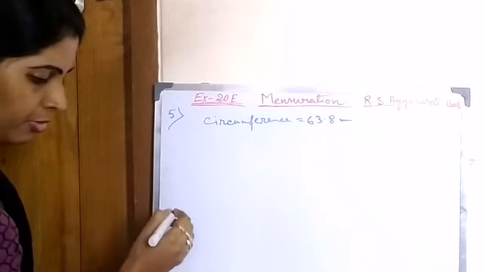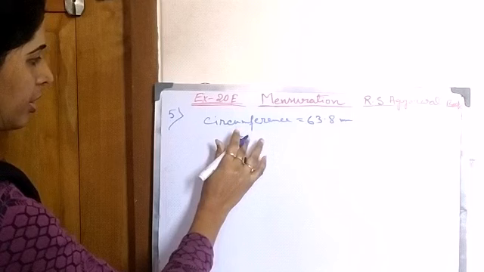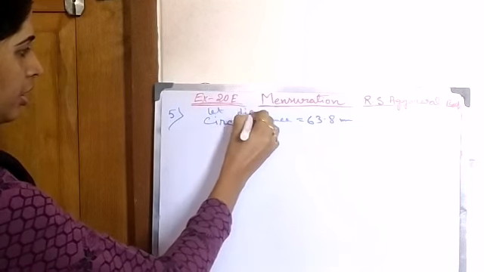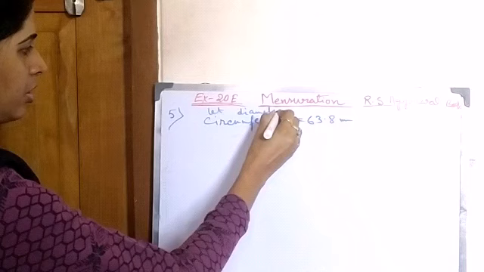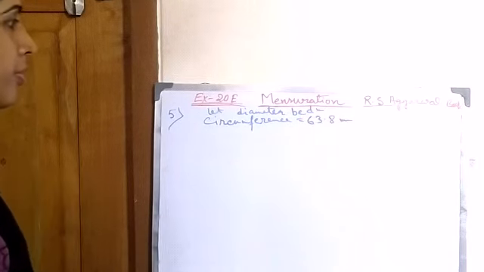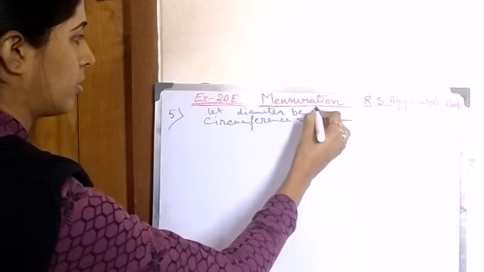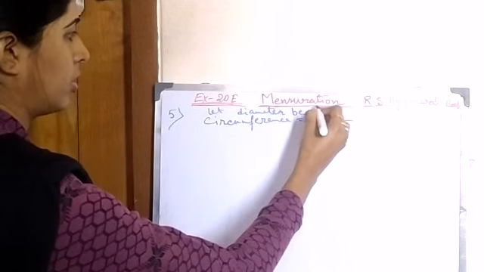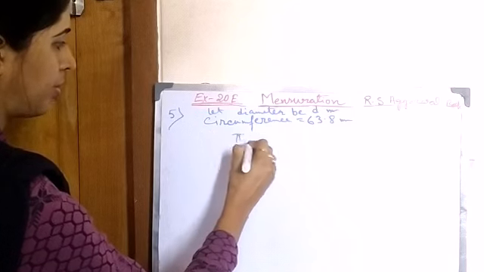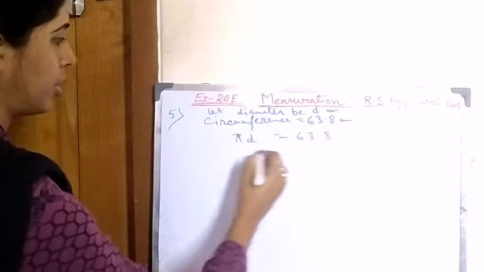Now here we have to find the diameter. So for the circumference formula, first let the diameter be d meter. The circumference formula is pi into d equals 63.8.